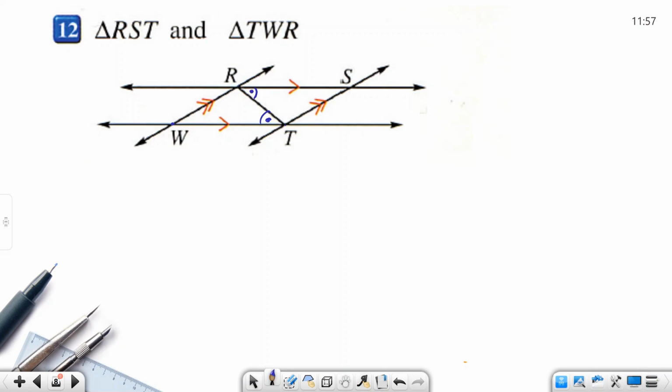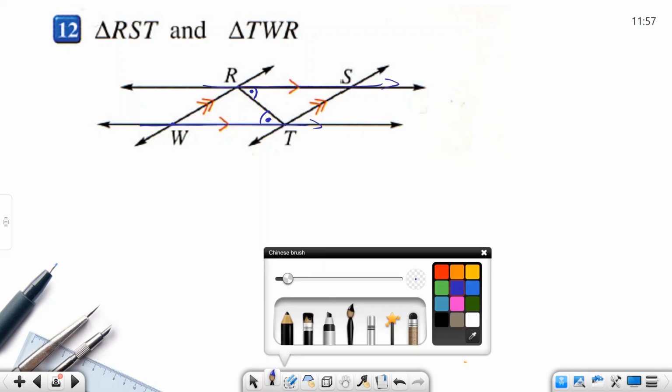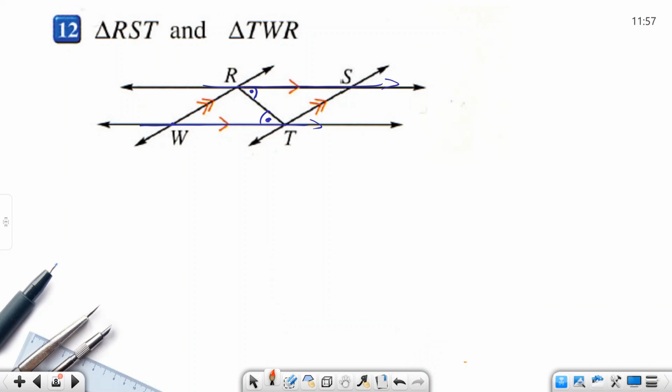This is the first angle. The second angle, because they are congruent, so WT, this one and this one are parallel. Because these are parallel, I can say these two are congruent. So I already put the marks here.